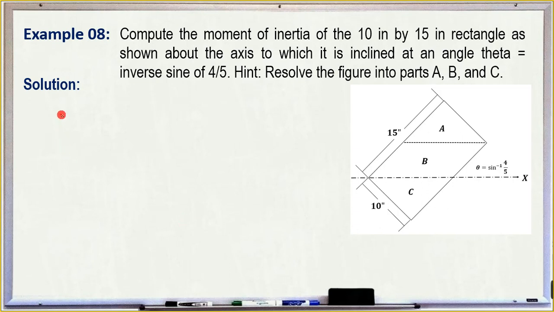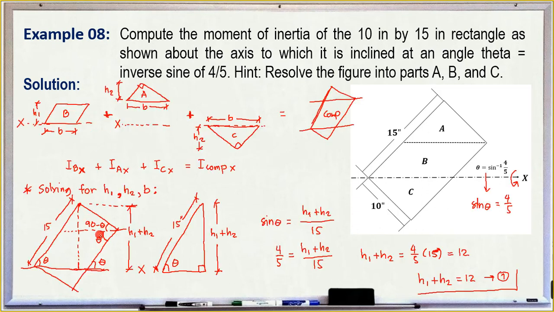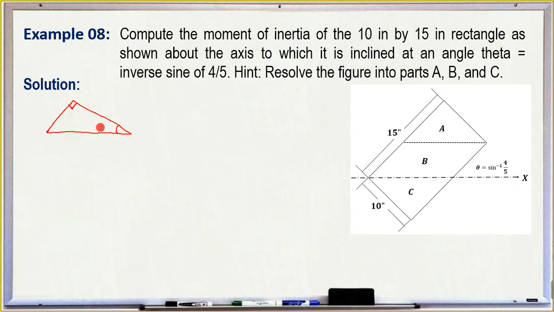Okay? So on the upper part, we have the triangle A. So this one is a right triangle. And from the previous illustration, we have 90 minus theta. So this angle is 90 minus theta. Okay.